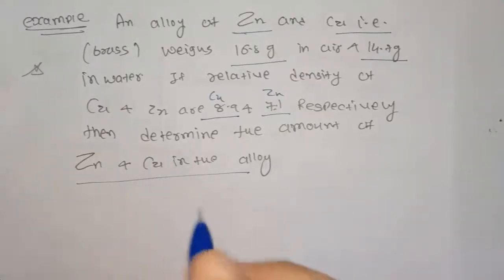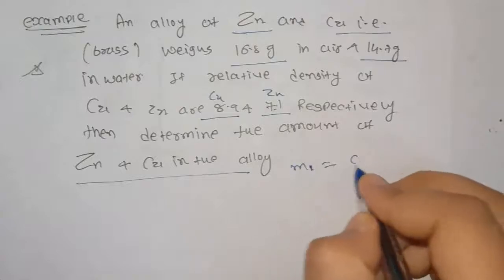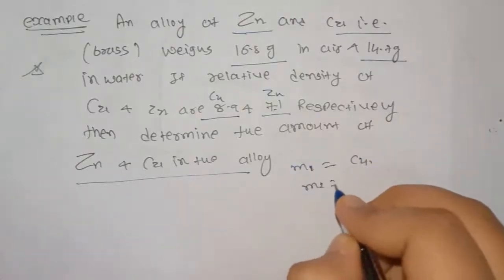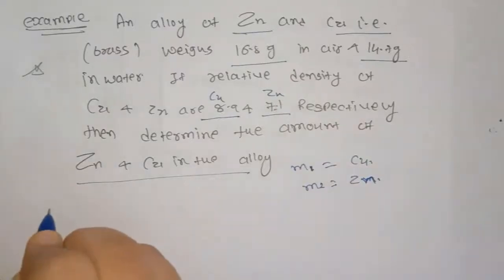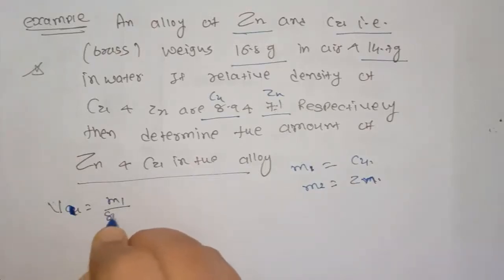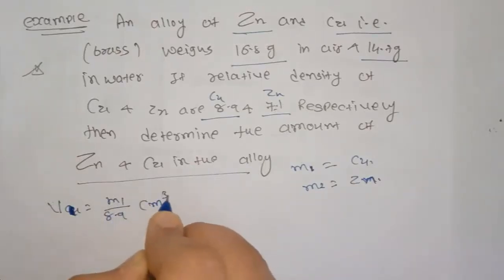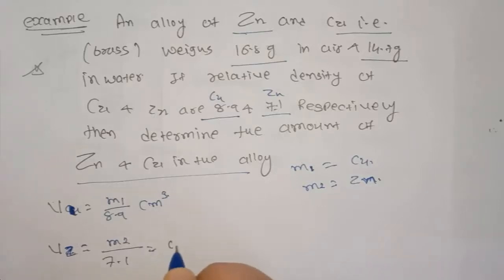Let us say there is m1 gram of copper and m2 gram of zinc. So volume of copper, let's say V1, is equal to m1 upon 8.9 centimeter cube, and volume of zinc, that is V2, is equal to m2 upon 7.1 centimeter cube.